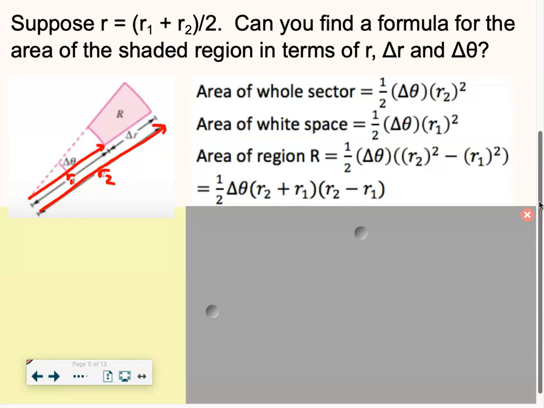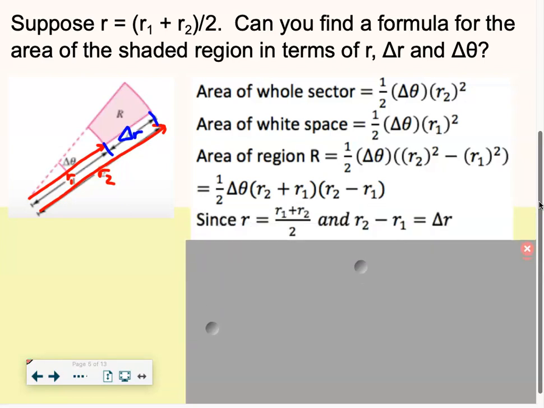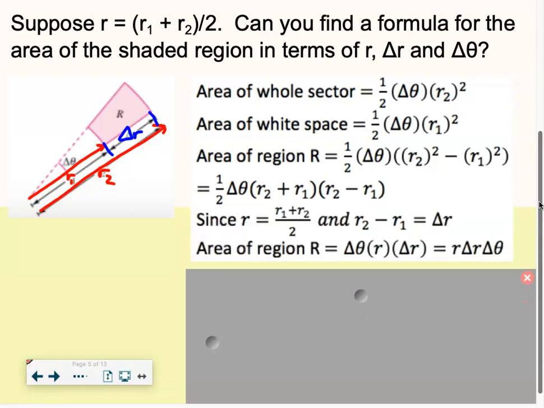And r2 minus r1, that's the difference between the two radii, so that would be delta r. So from this, we end up getting the area of this region being r delta r delta theta, or r delta theta delta r.